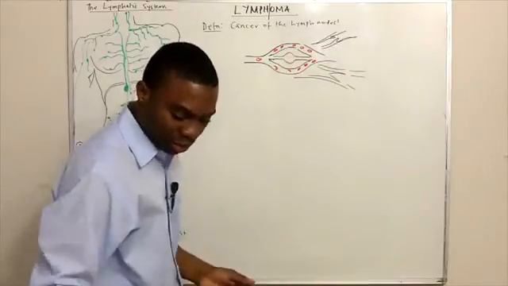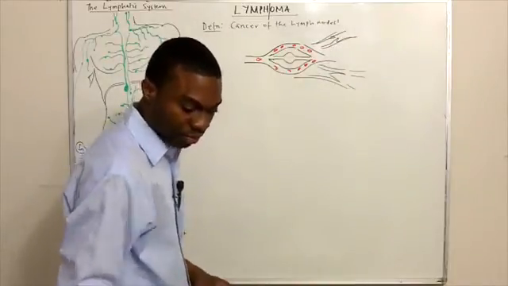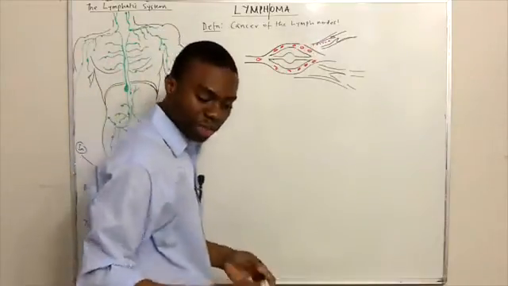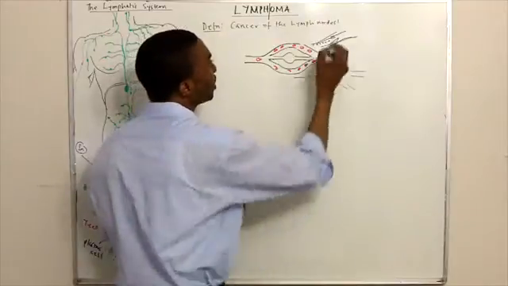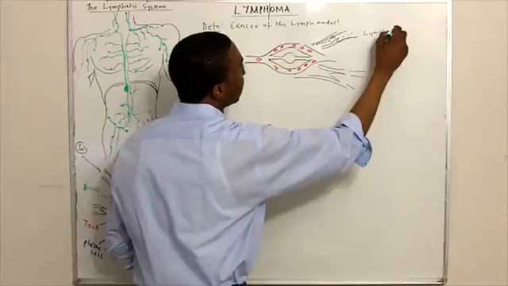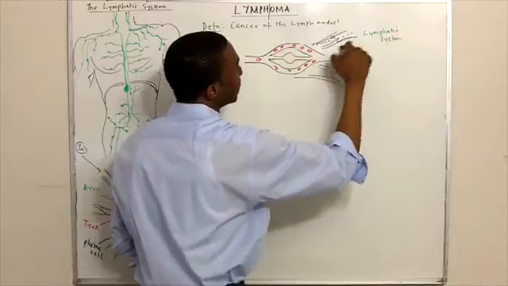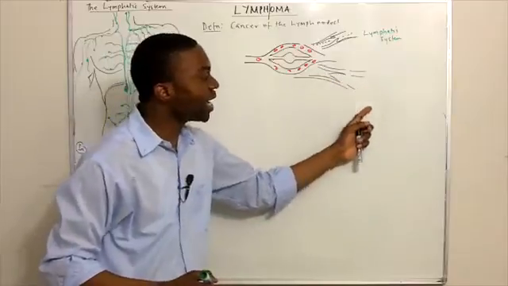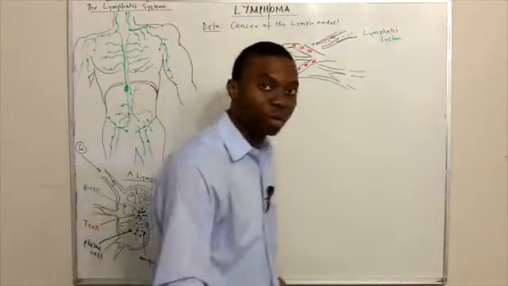So their job is to drain, let's say, a little bit of serum in there. If there's proteins, if there's bacteria, they all have to go through the lymphatic system. And that will be a lymphatic vessel, which is now going to drain and end up in a lymph node.